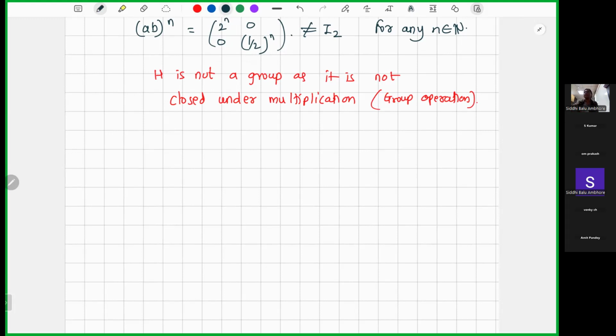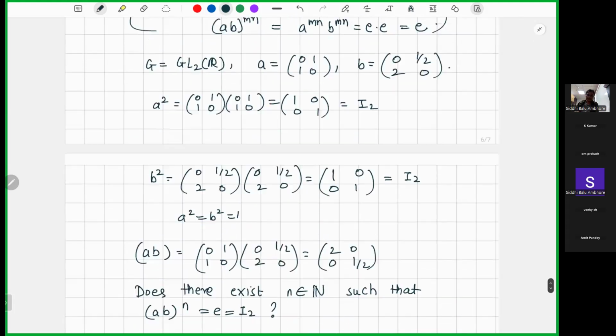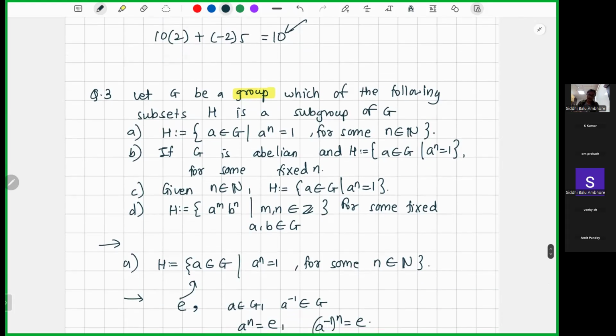Is there any question? Clear? The multiplication was a problem. That's why this is not a group.